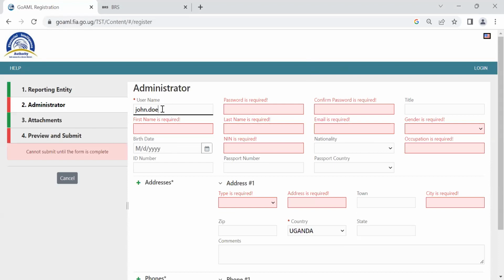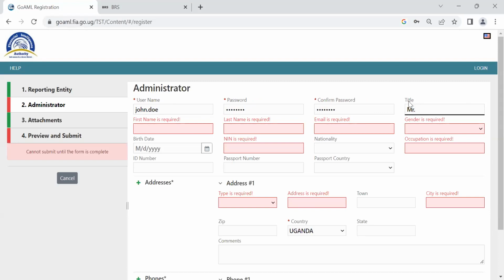Okay, so back to administrator, username. Your choice could be your names, short names, or a combination of both, but it has to be one word, or your staff ID, so it's up to you. Don't forget your username, don't forget your password. I'll repeat that. Don't forget your username, don't forget your password. So you put your username and password.